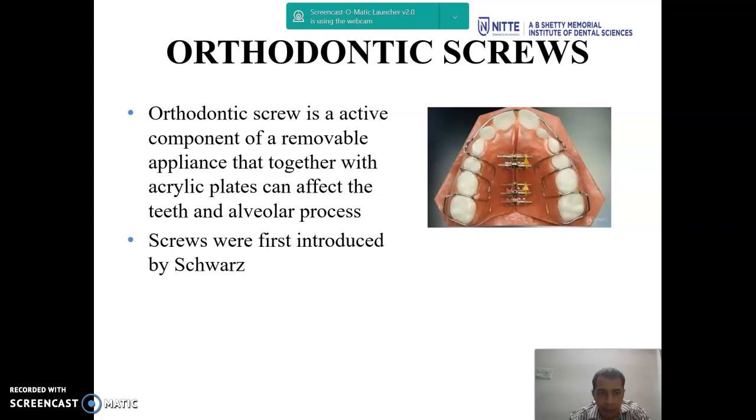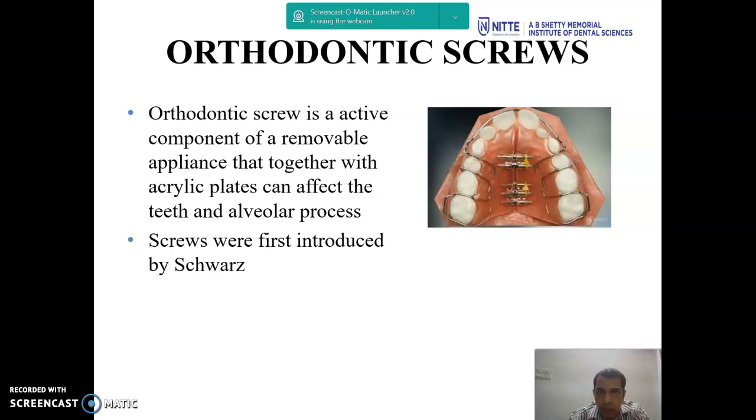Now we come to the second part of this topic, that is the screws. I mentioned springs, bows, screws and elastics. Now orthodontic screws which are used for expansion, they can be used as part of removable appliances and fixed appliances. So here we'll be talking of screws as part of removable orthodontic appliances.